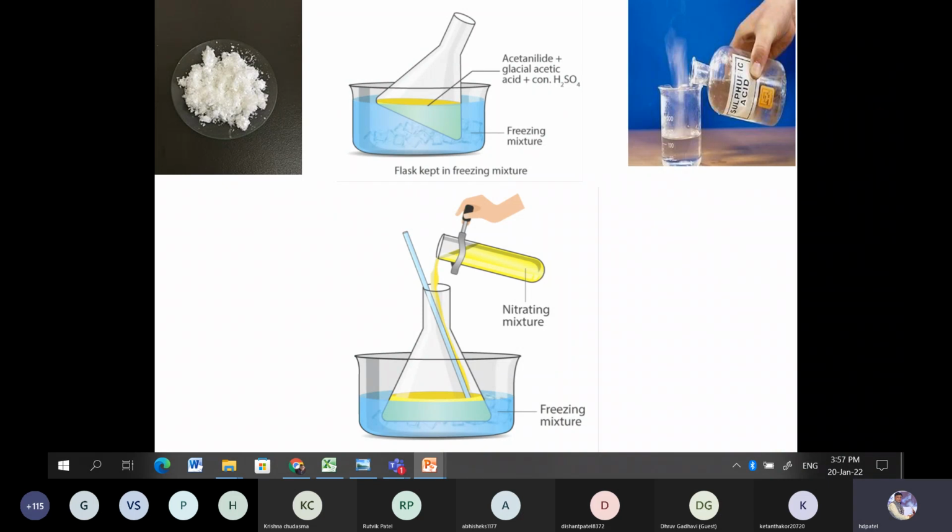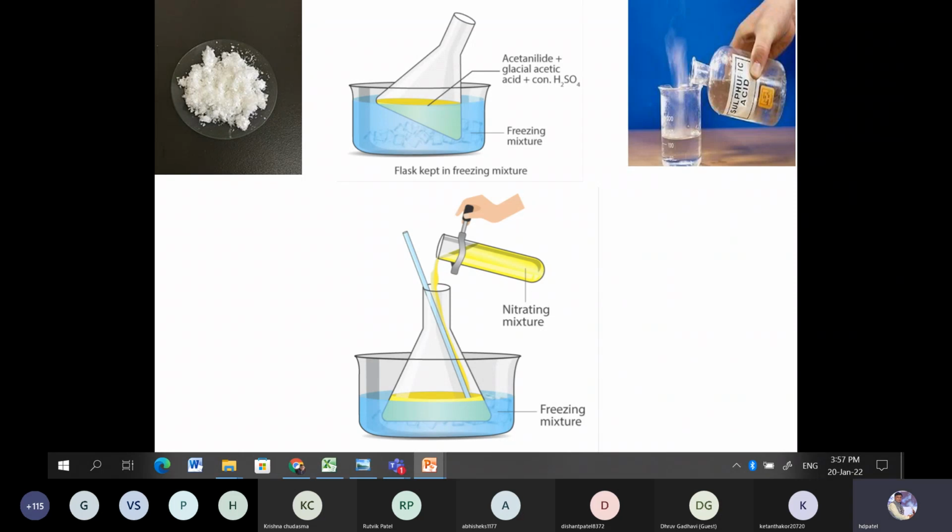But the better option is drop by drop addition, stirring the reaction mixture with the support of a glass rod. If we use the thermometer, then sometimes the bulb or tip of the thermometer may break due to striking the flask or the wall of the flask. So we have to avoid such things.